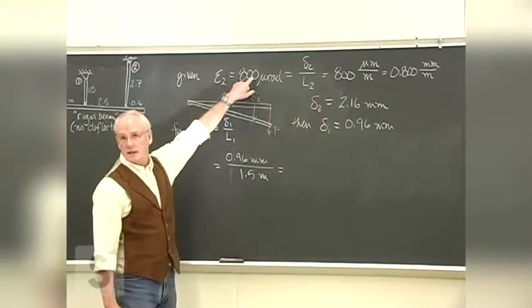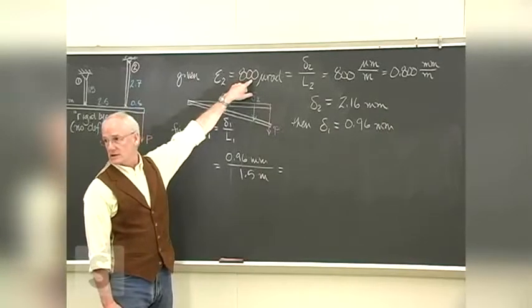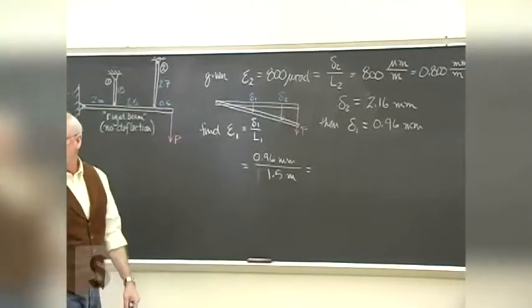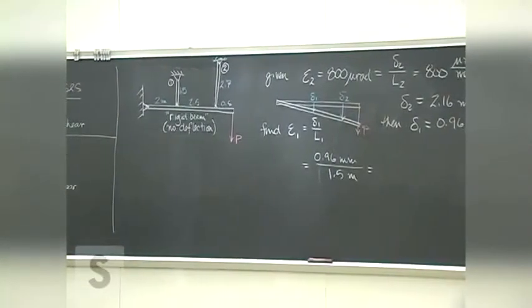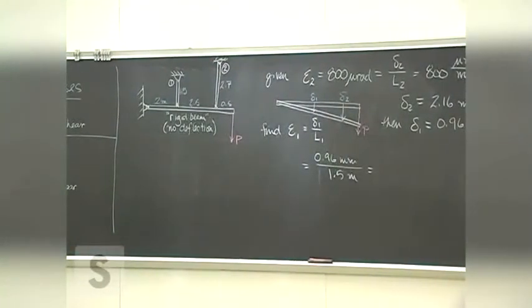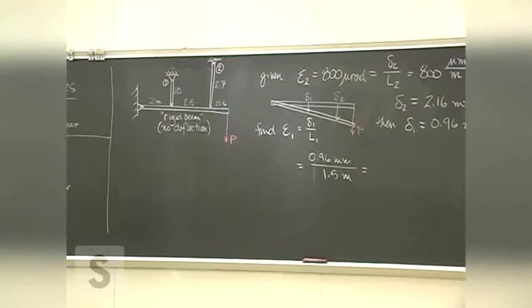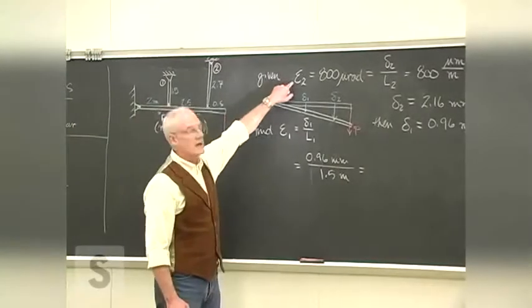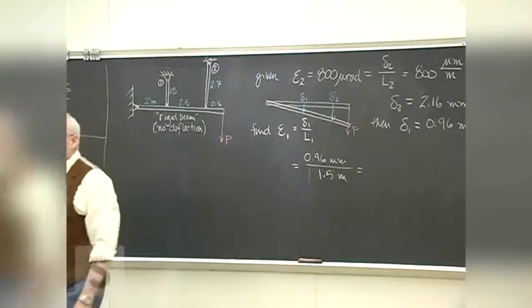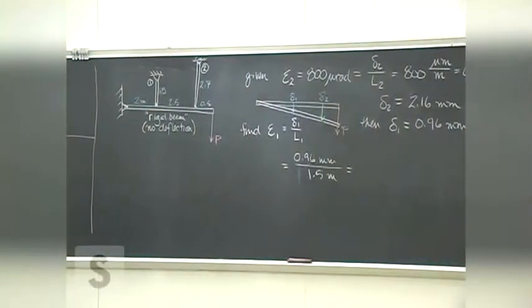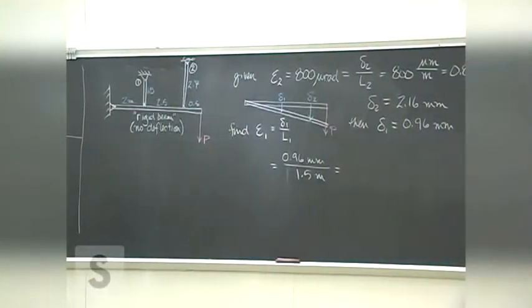Generally that is a good idea: you put it back into the units that started the problem. If there's no request to the contrary, that works as well as anything. And so how many microradians is the strain in piece 1? 640.